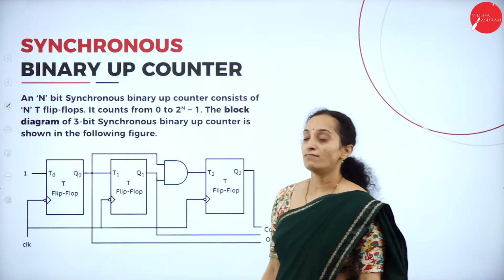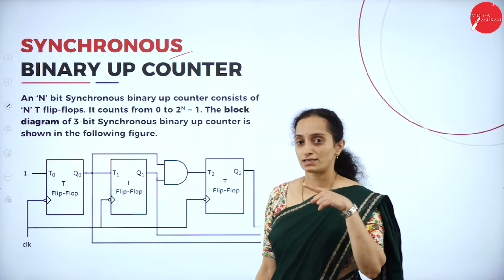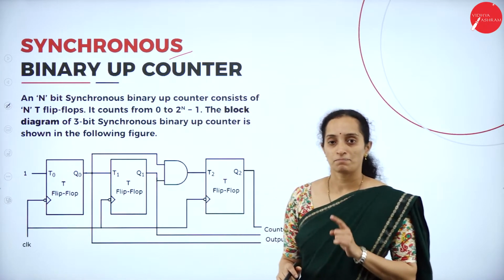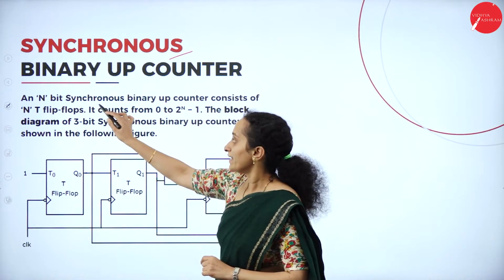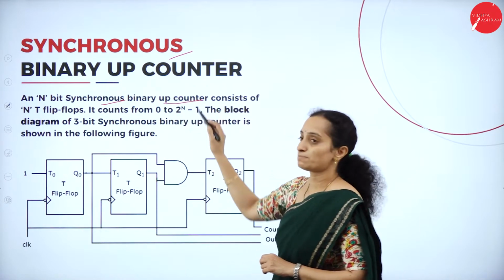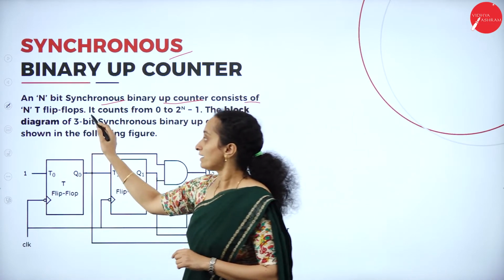Then we have the synchronous binary up counter. We had the asynchronous binary up counter; now we have the synchronous binary up counter. An n-bit synchronous binary up counter consists of n T flip-flops.